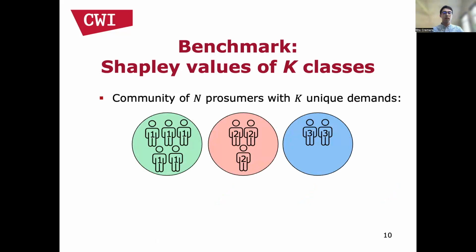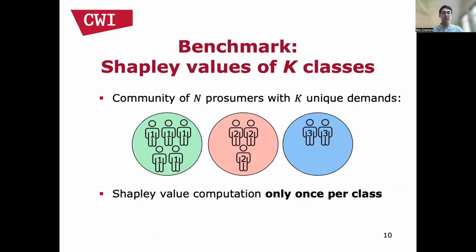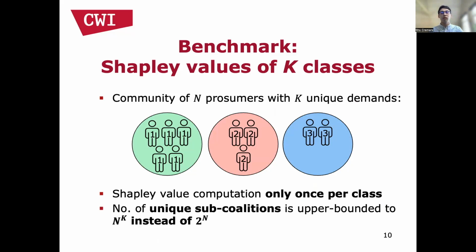First of all, you only need to compute the Shapley value once per class. And also, the number of unique subcoalitions that can be formed is less than in the original case, because substituting any agents in the same class won't affect the cost of the subcoalition. So overall, this is a special case, but it allows us to compute the exact Shapley value for a large community, and it can be used as the ground truth to compare the redistribution methods.